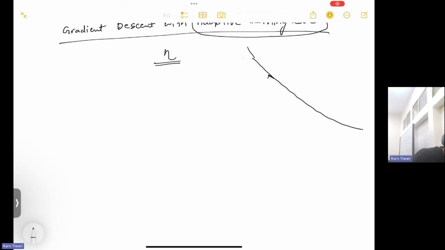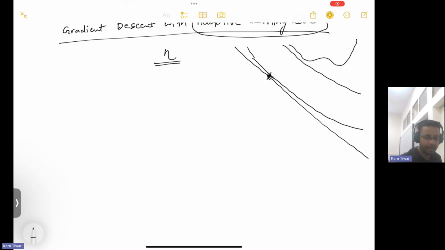I want to update. I know what my loss is here and what my position is here. In this case, it's a convex function I took purposely, so it's easy. Otherwise, I can have something like this as well. The learning rate will take it this much forward, so the loss at that particular point will be this.